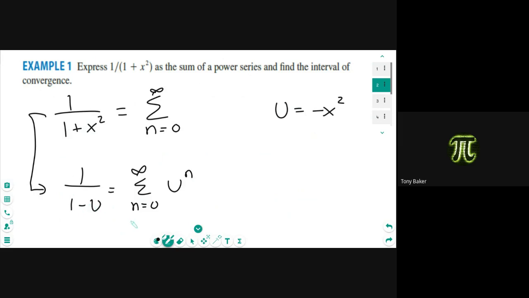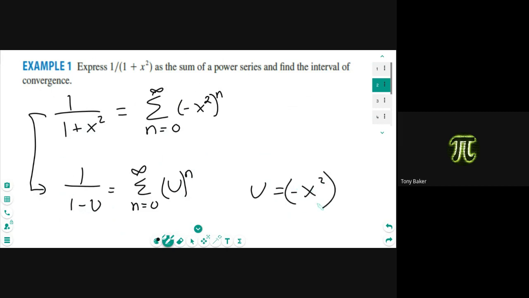So if u is x squared, then this now becomes negative x squared to the nth power. You write negative x squared in parentheses, with the negative outside the parentheses before squaring.